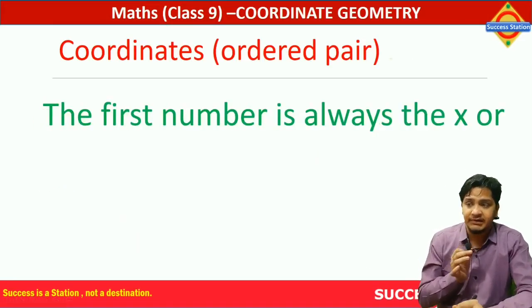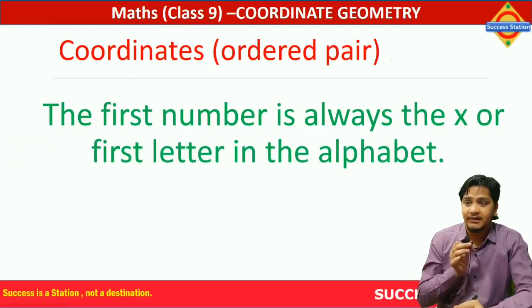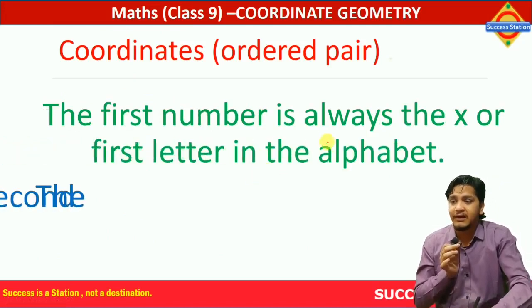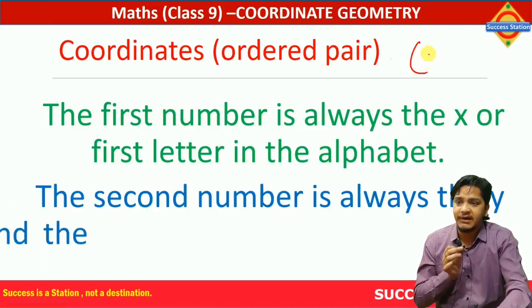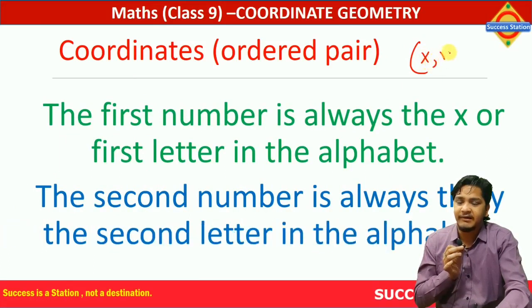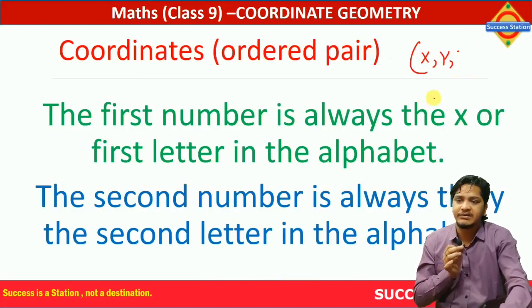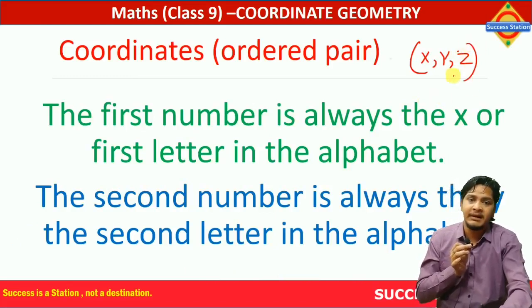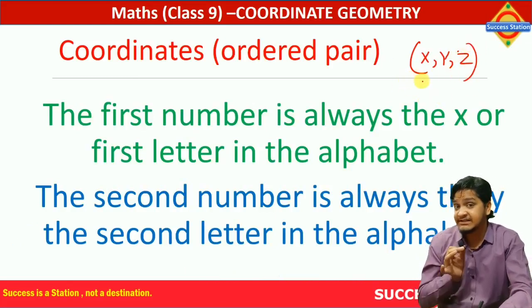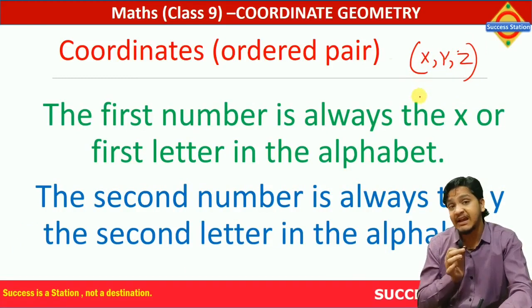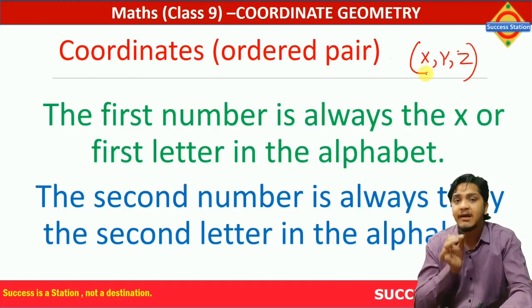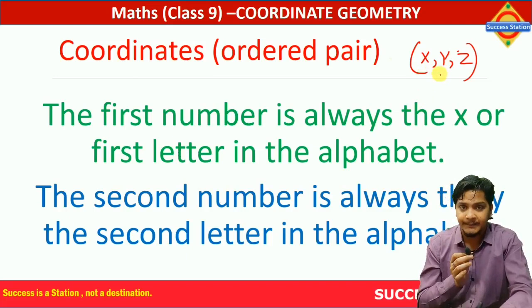The first number, you also know why? Because we know that X, Y, Z comes in the English alphabet. So first X, then Y. And what is X? X is called abscissa, Y is called ordinate.